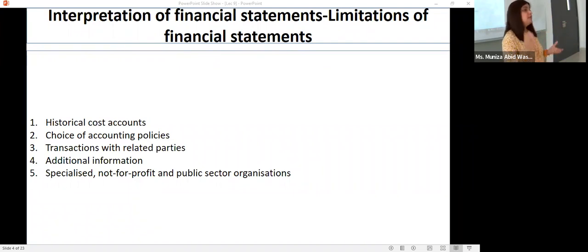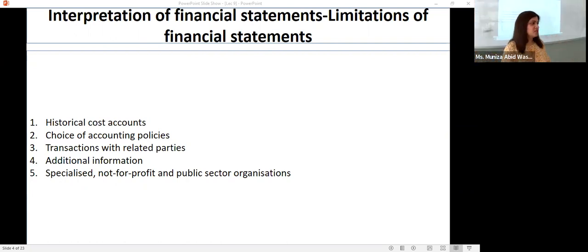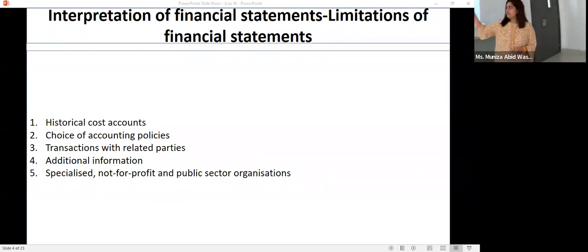If due to these conditions the cost has been rising, immediately the forecast of the organization will prove to be a wrong one. So on the basis of the financial statements, the interpretation could not always be right because of the limitation of historical cost. The second limitation could arise due to the choice of accounting policies.